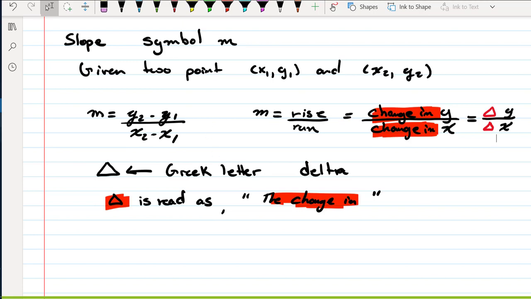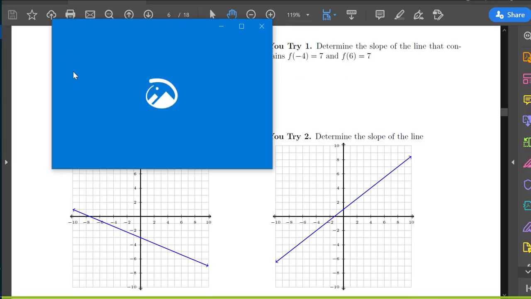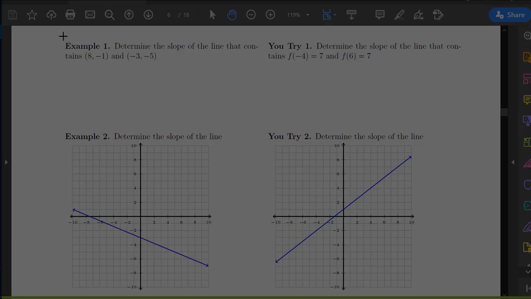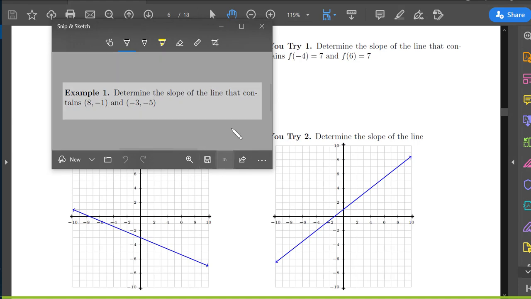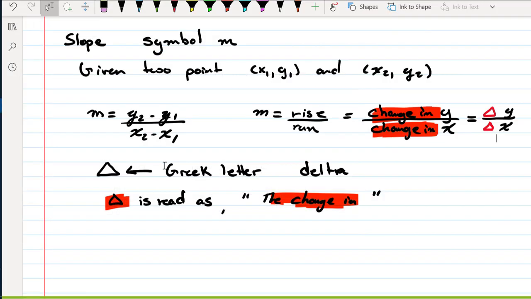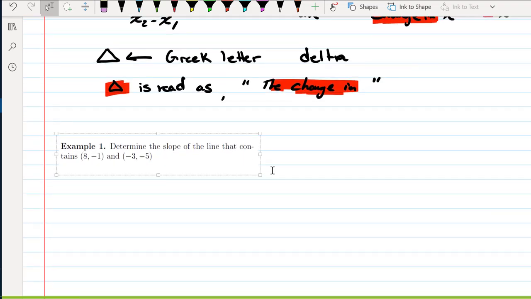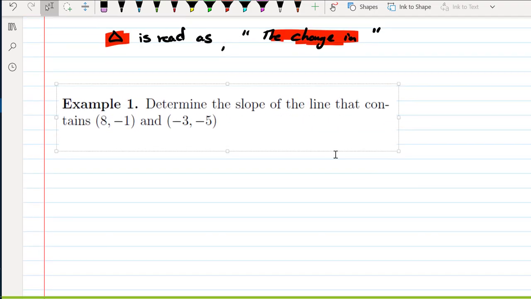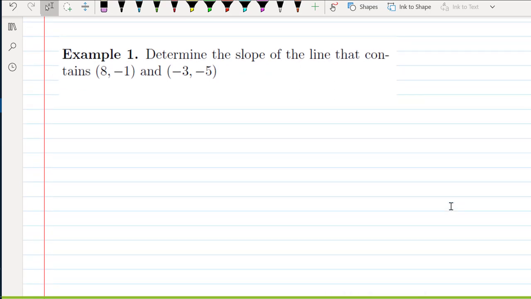All right. So the first thing we want to do is determine the slope of the line that contains the following points.